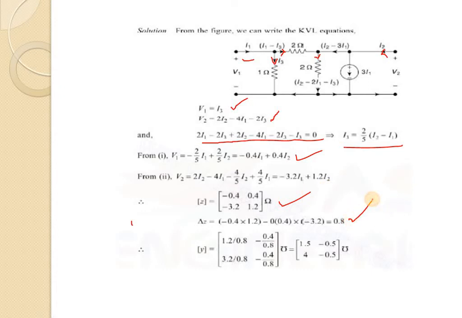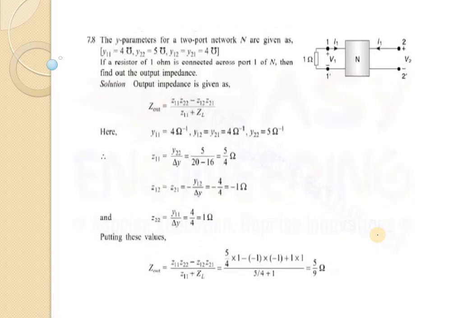And Y is given by 1.5, 0.5, 4, 0.5. So from Z to Y we have directly used the relationship of Y to Z, and we have made this Y matrix.